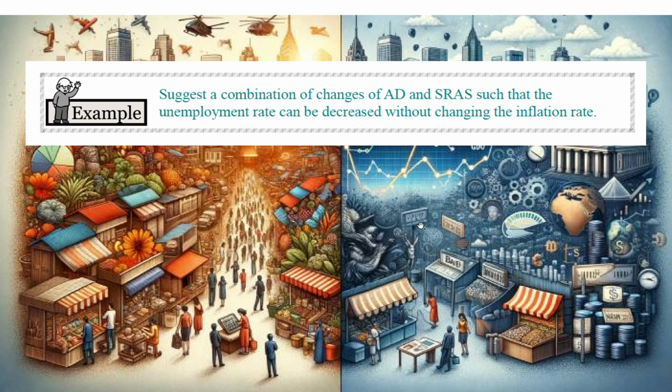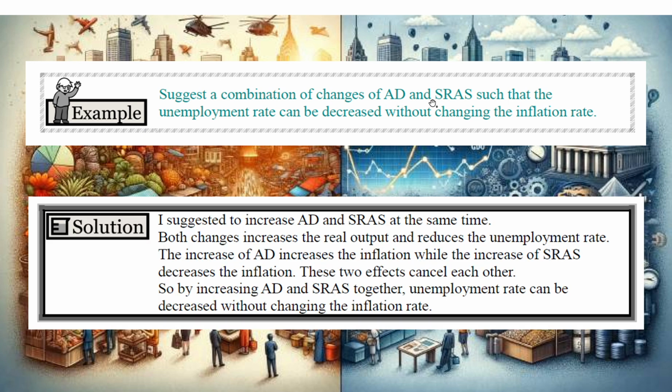Hello, welcome back, okay. If unemployment rates decrease, it means GDP growth, right? So shift to the right, okay. But no change in the inflation rate. So both increase. Yes, yes, yes, both increase. Okay, because when AD increases, inflation rate increases. But when SRAS increases, inflation rate drops.